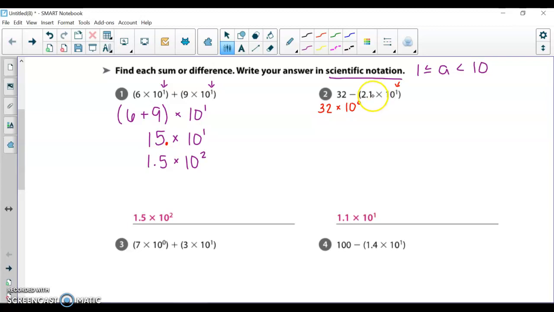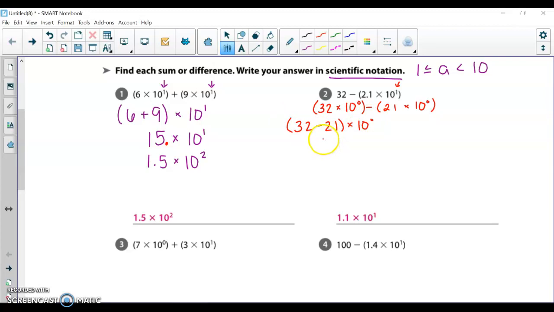So in this case, if I was to subtract from my exponent here to get to 0, I would move my decimal to the right, meaning this would become 21 times 10 to the power of 0. Now I could pull those 2 numbers to the front, 32 minus 21 times 10 to the power of 0.